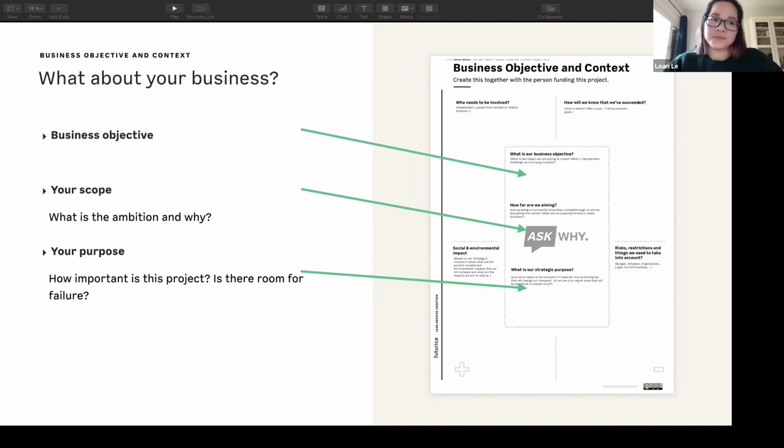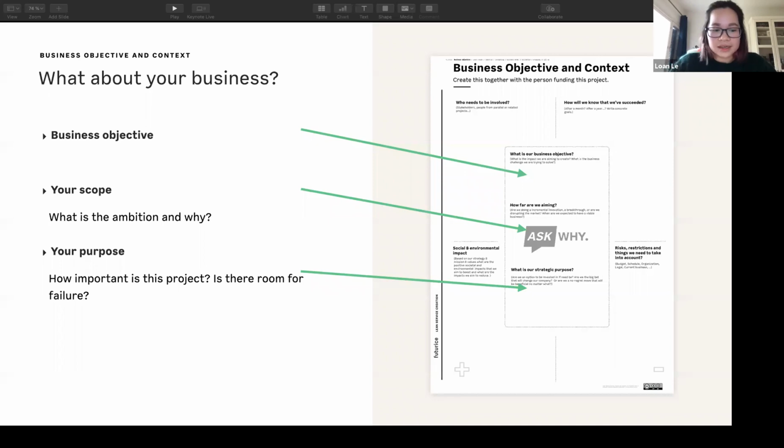When you fill in your scope, it should answer the question, what is the ambition of the project to you and why? Is it creating a new business, or disrupting an existing business, or something of both? And the last part is your purpose.